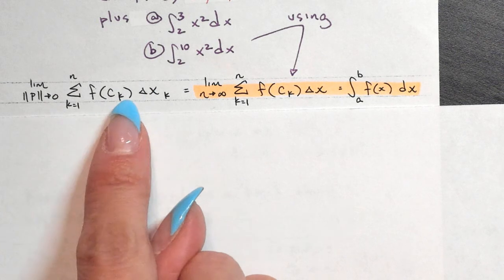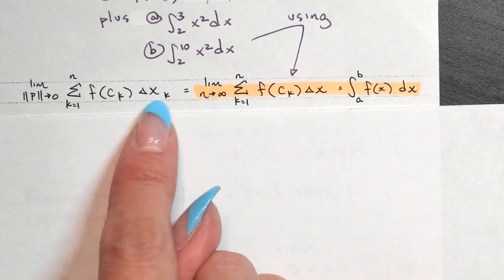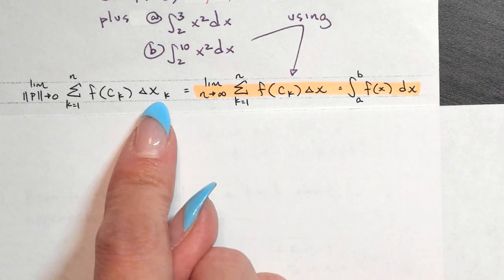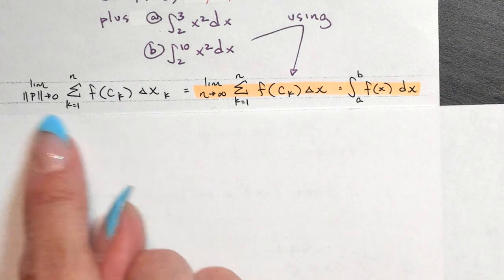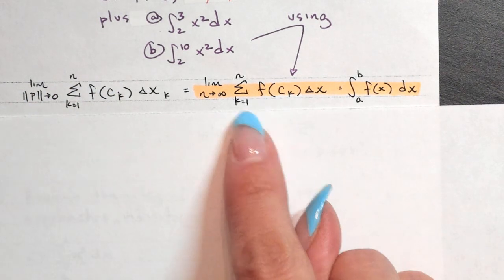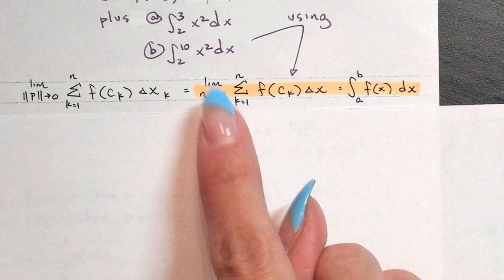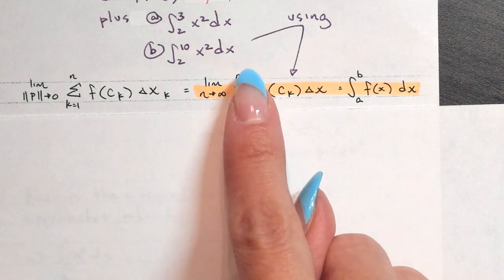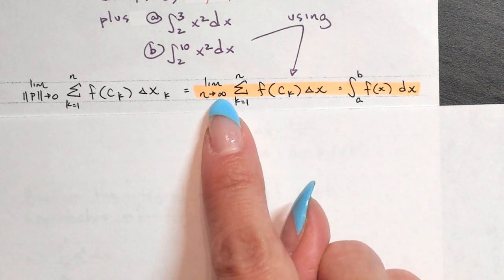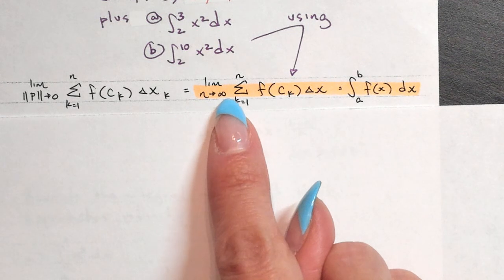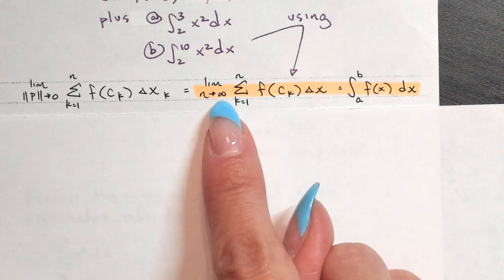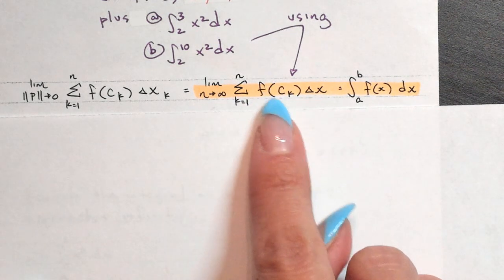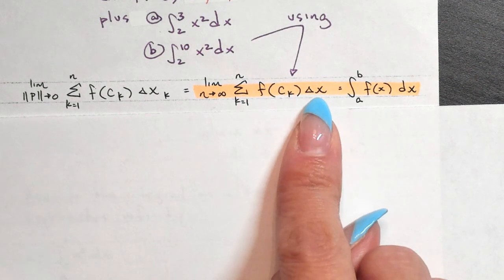So this is height, and this is our base. Make sure our base is getting close to 0 for the size, and that way we have a bunch of rectangles. This is similar, but it's more clear, saying we're going from 1 to n, where n is going towards infinity. So the limit as n approaches infinity of, again, a height and a base.